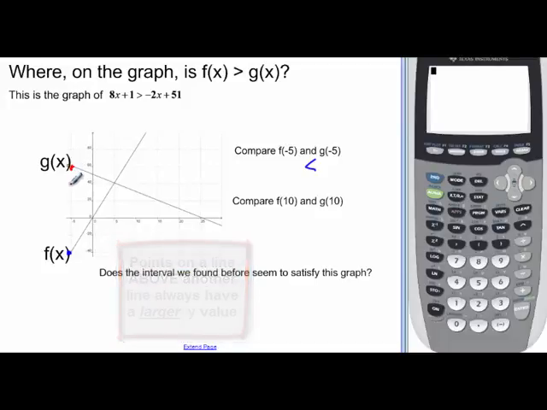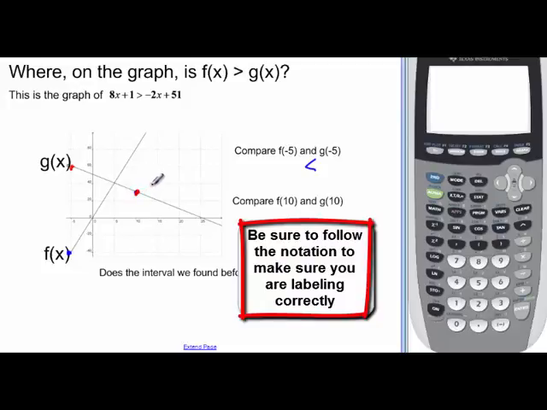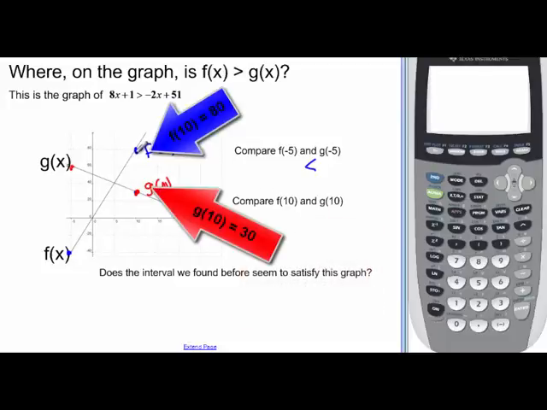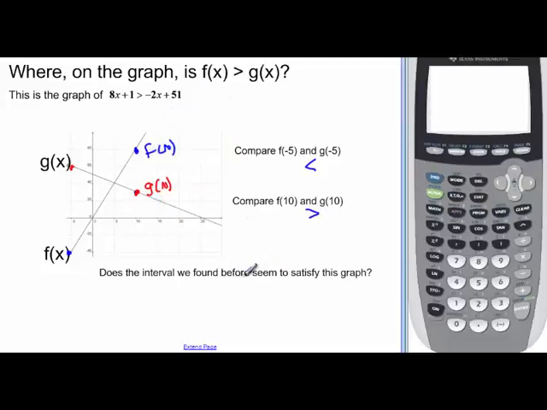All right, now it asks us to do f of 10 and g of 10. Here's 10. Here, this is g of 10. And then over here, I have f of 10. See, it's on the f function. And when I compare those, f of 10 now is higher, so f of 10 is going to be greater than g of 10. So again, it asks us for the values that would make it true.